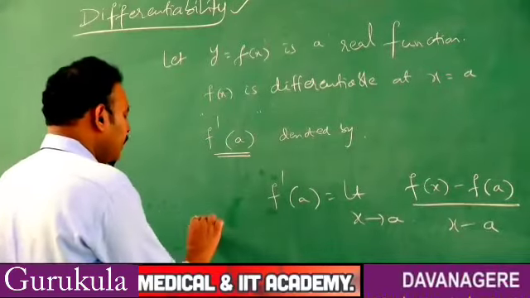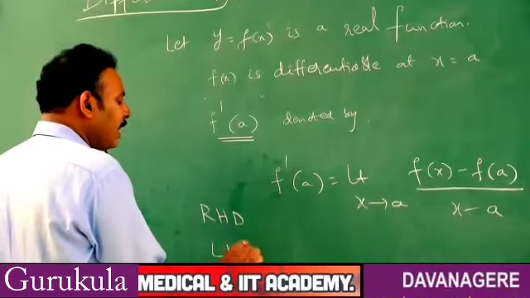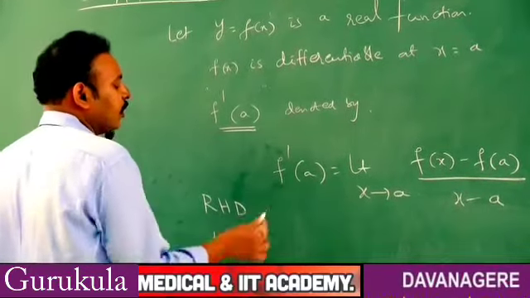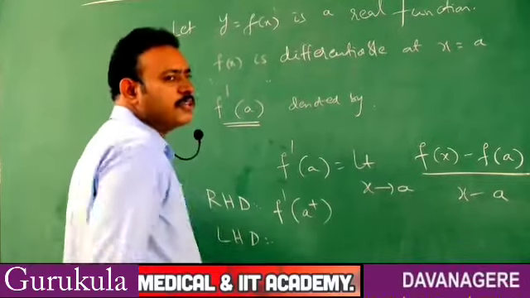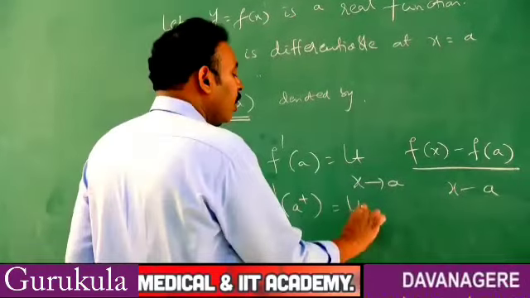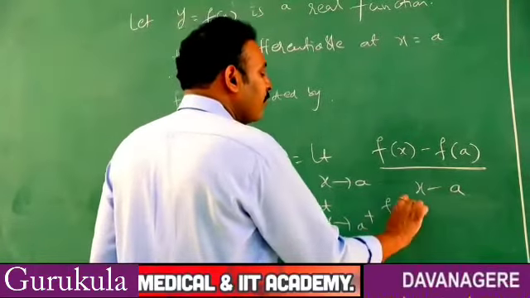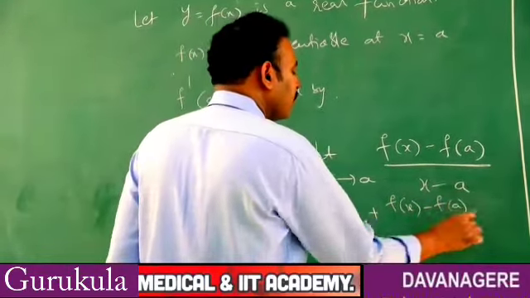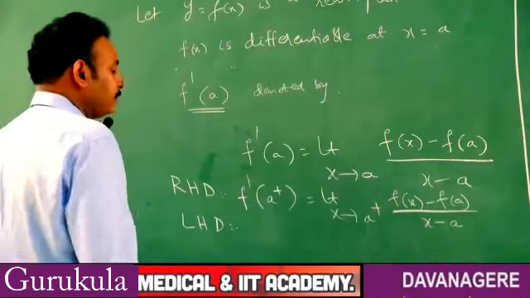And here the right hand derivative, f dash of a plus, is limit x tends to a plus of f of x minus f of a by x minus a.